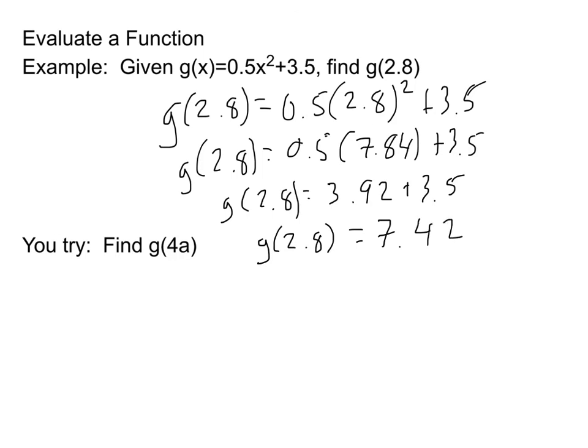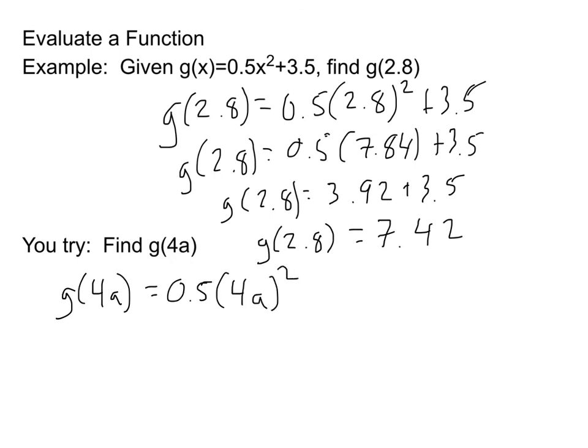Okay, you have a bit more of a challenge because I want you to try this one. Find what is g of 4a. Give that a shot. Last problem. Okay, so g of 4a. Again, in place of the x, we're just going to put 4a.